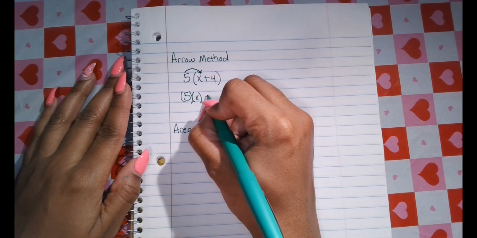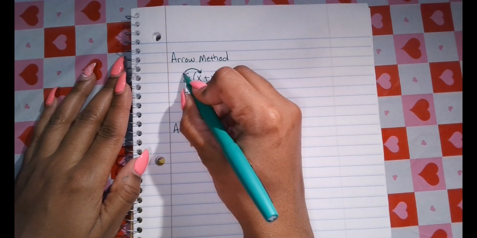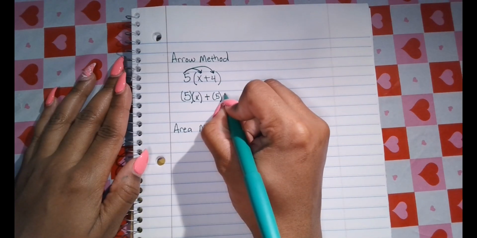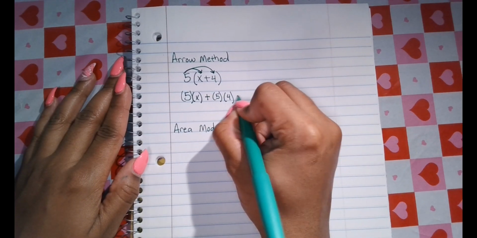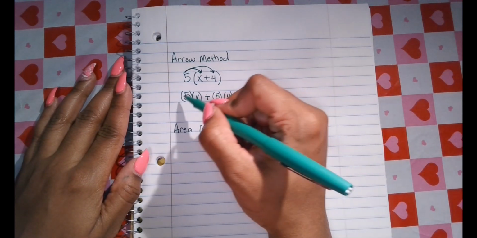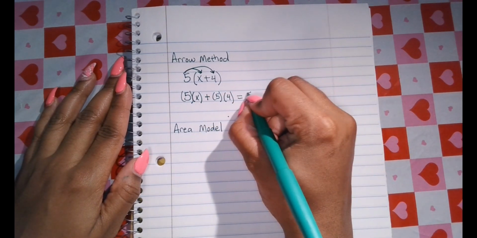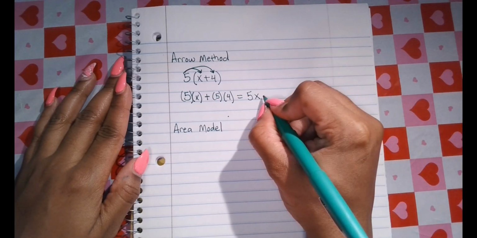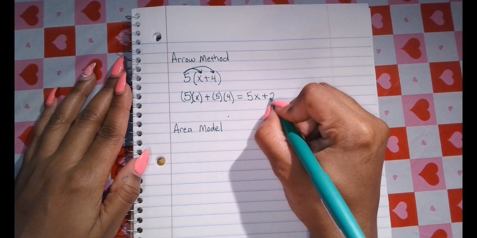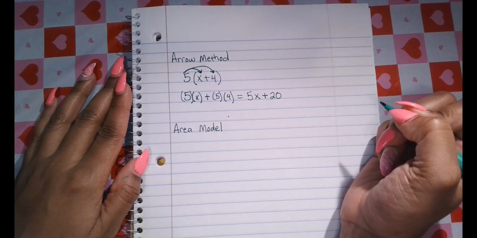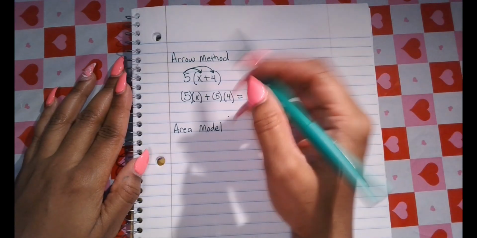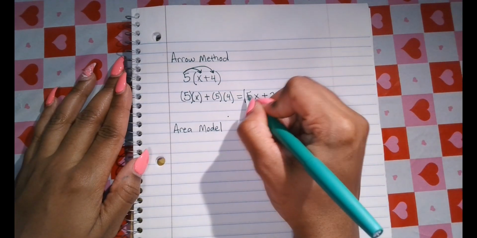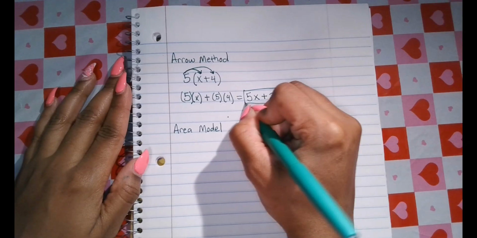And then I'm going to add 5 times 4. So 5 times x is 5x, and 5 times 4 is positive 20. So I'm going to put plus 20. So 5 times x plus 4 is equal to 5x plus 20.